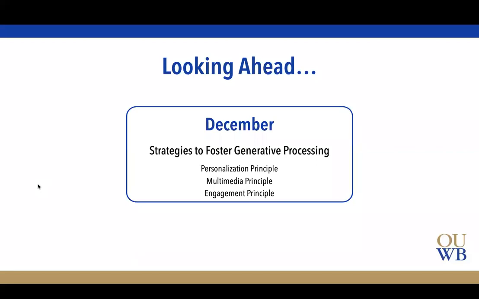And that gets you more into those learner processes of organizing the information that they've selected, and then by extension, integrating the new knowledge that they're forming with pre-existing knowledge. And so the principles we'll look at next month include the personalization principle, the multimedia principle, and the engagement principle.